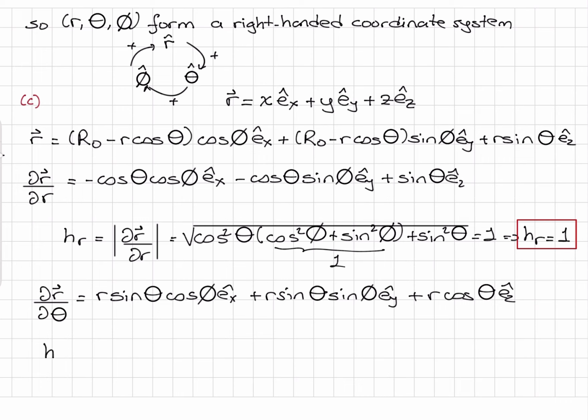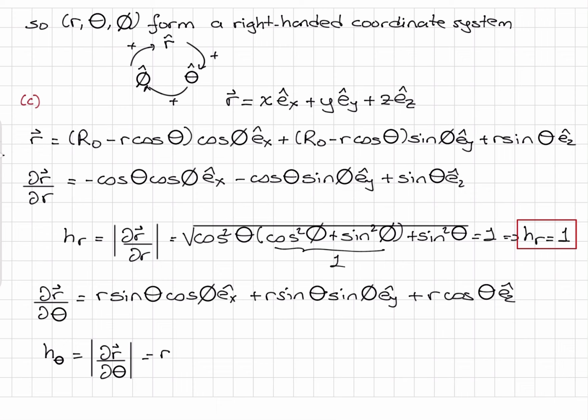The corresponding scale factor h sub theta is the magnitude of the partial derivative of the position vector r with respect to the coordinate theta, and that will give me, because all terms have r in them, r is common.